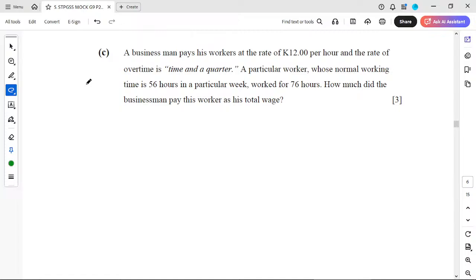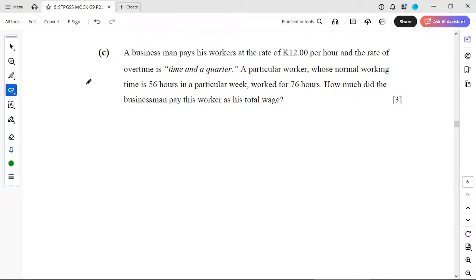A particular worker whose normal working time is 56 hours in a particular week worked for 76 hours. How much did the businessman pay this worker as his total wage?